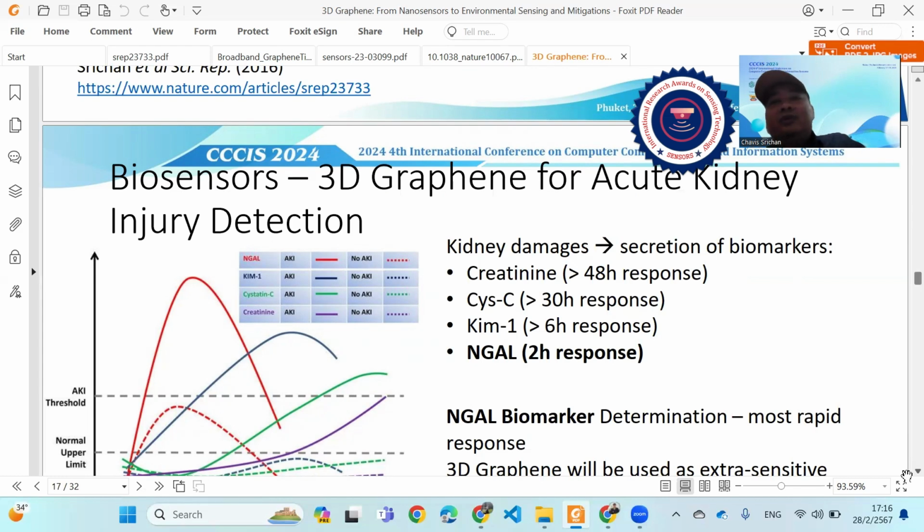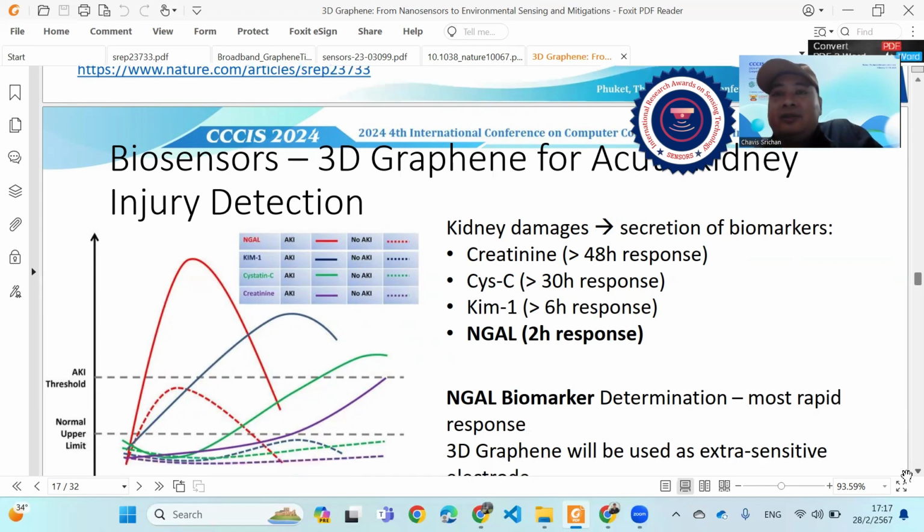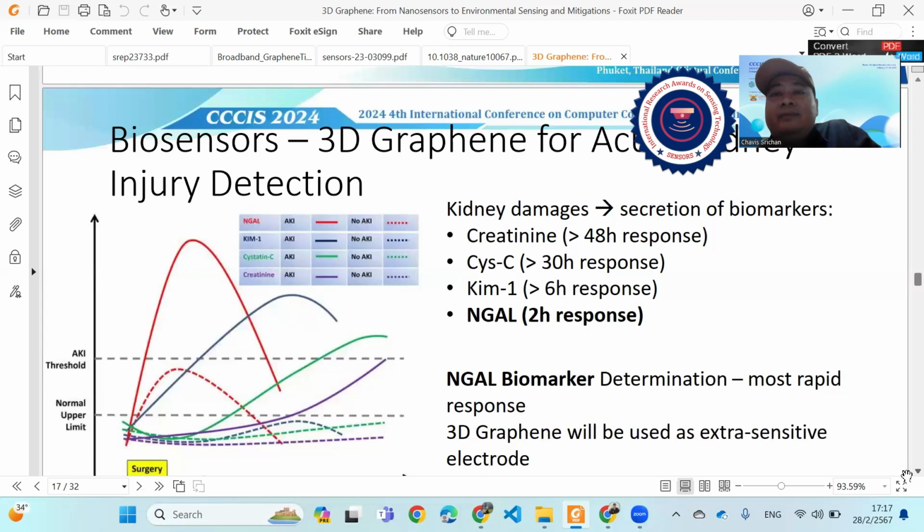But instead of doing that, we have something else. We call it NGAL. NGAL is the protein that the neutrophil brings when the kidney is damaged. The usefulness of NGAL is that the response is just 2 hours.